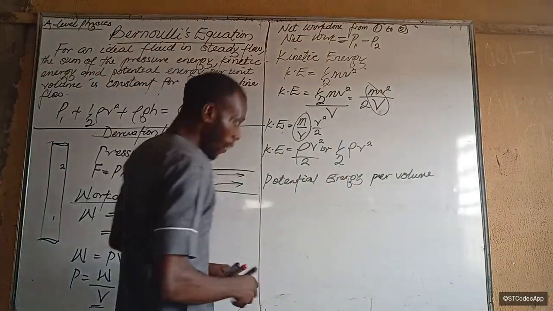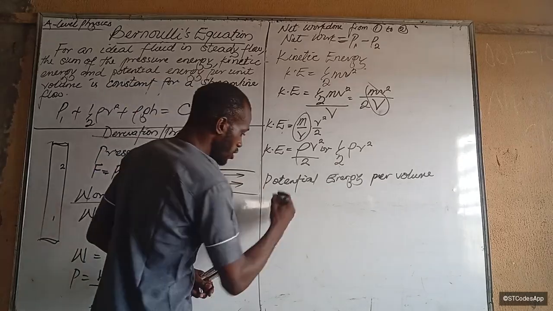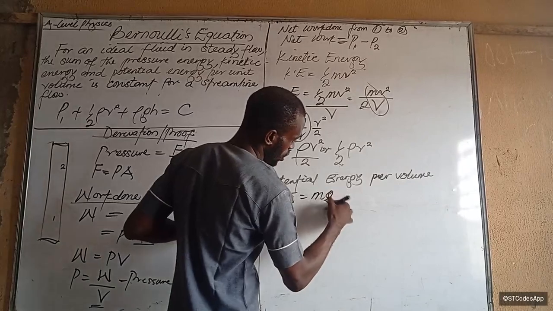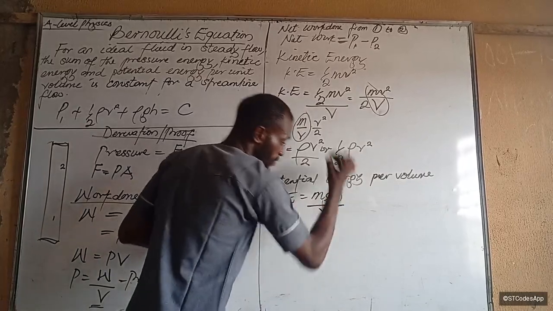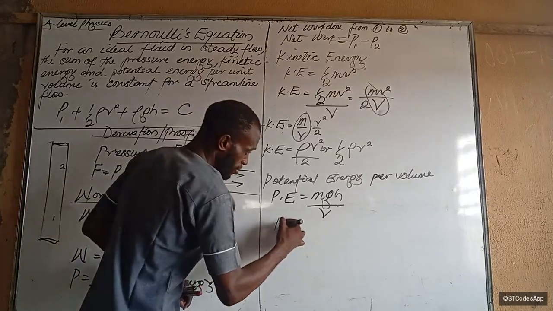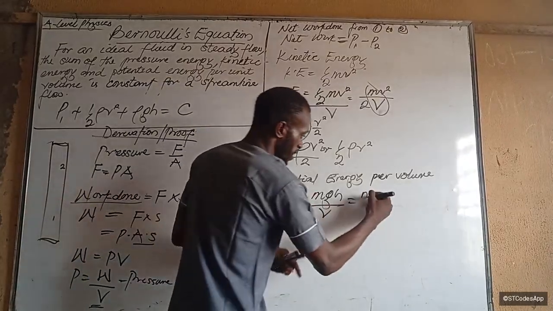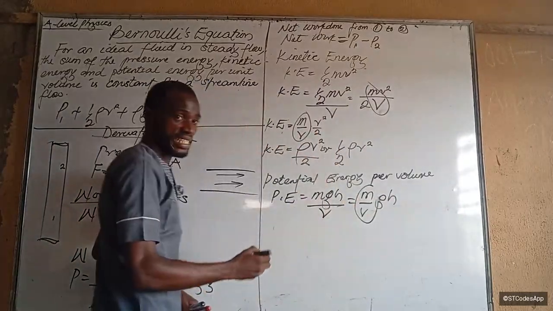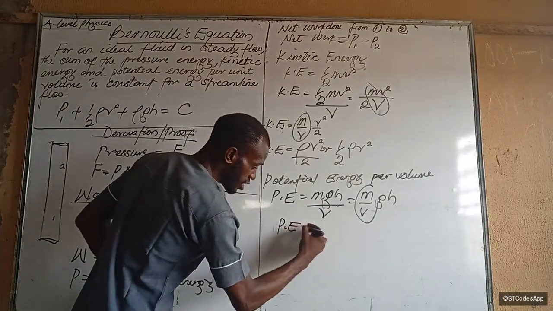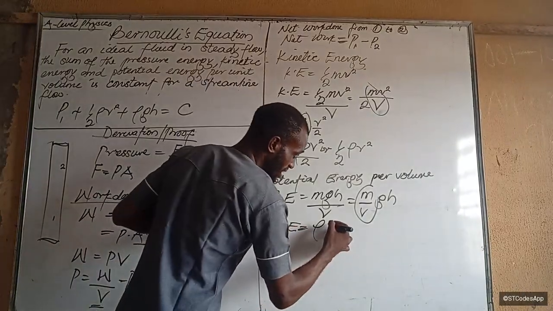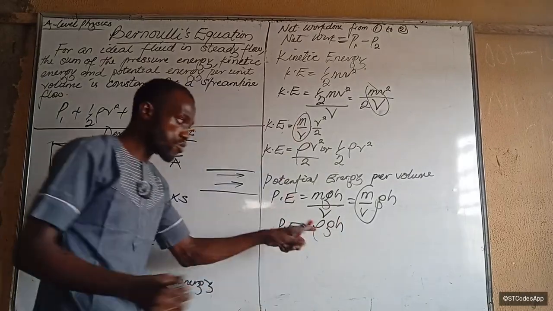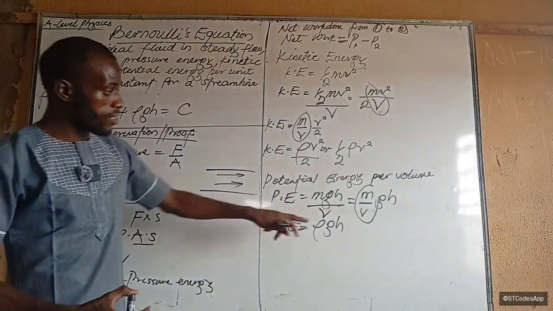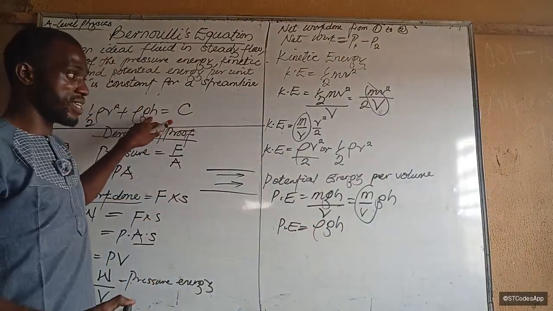Recall that potential energy itself is actually mgh, so per volume, again here we can isolate m over V, so that we have gh here, and m over V again is density, such that potential energy per unit volume is going to be density times gh, rho gh. All right. So this is the third part of this equation.